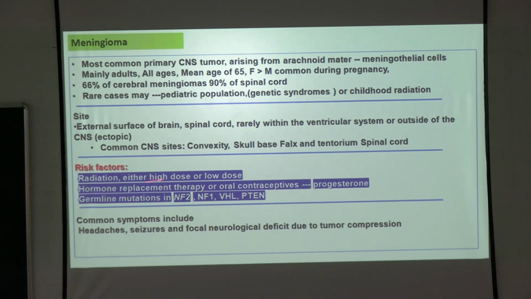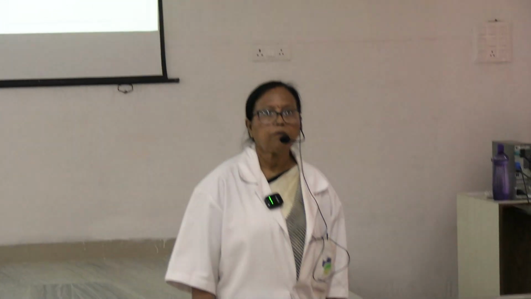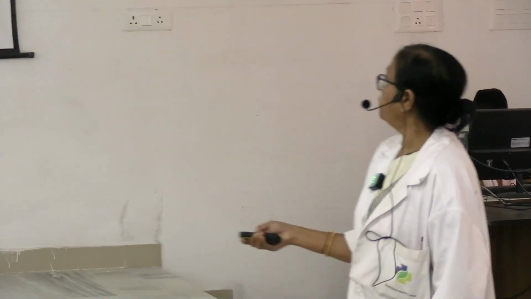Site I told, risk factor I told. Commonly the patient presents with a space occupying lesion, headache and vomiting due to the pressure effect. So, in a short note, you will tell the origin, that is the meninges, cell of origin, predisposing factors and how they present clinically.